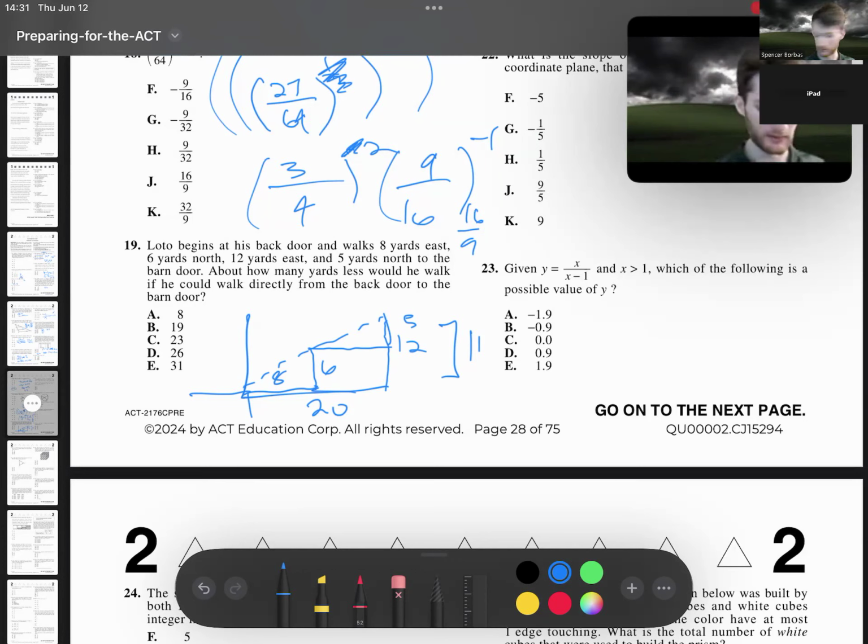None of those answers are in decimals. All right. 22.8 is this length.